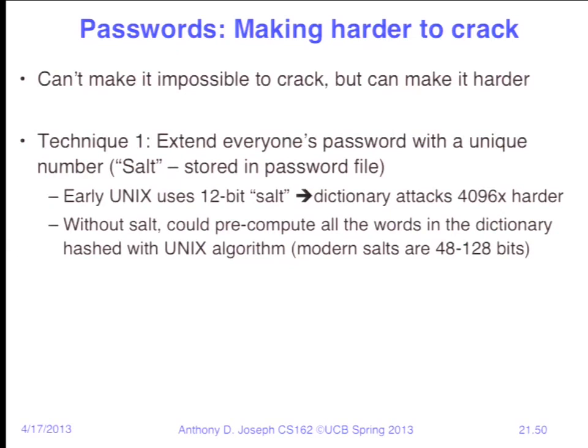So now it'll take a little bit longer. Modern systems typically use salts of anywhere from 48 to 128 bits, if they implement it. There have been multiple password breaches where they hashed them, but they didn't include a salt. They just used MD5 or SHA-1. So you can use a rainbow table or any other offline technique to very easily recover the passwords.